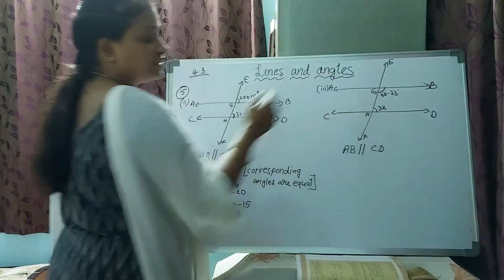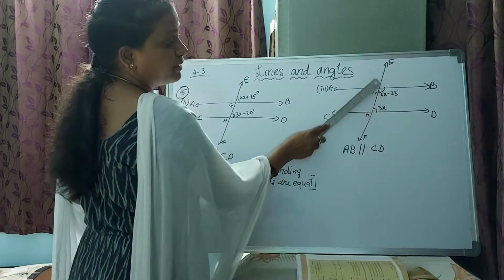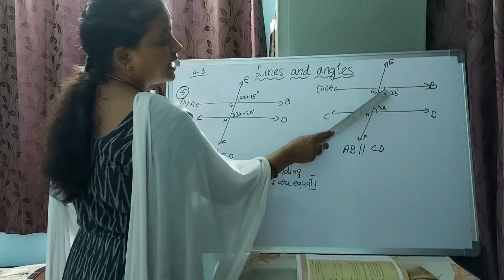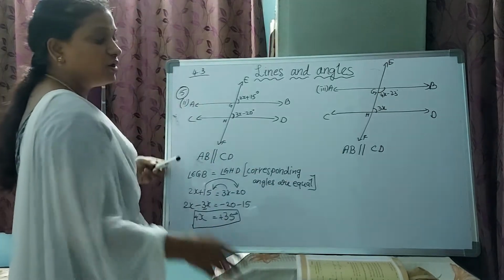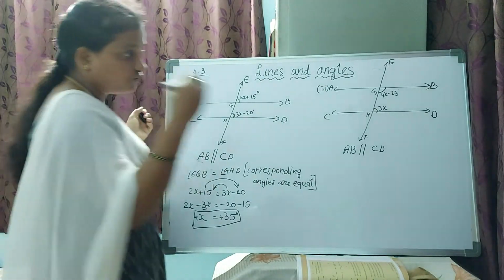These angles are on the same side of the transversal, on the inner side, but on the same side of the transversal. The angles on the same side of the transversal add up to 180.